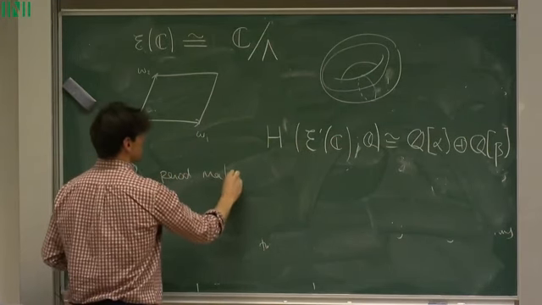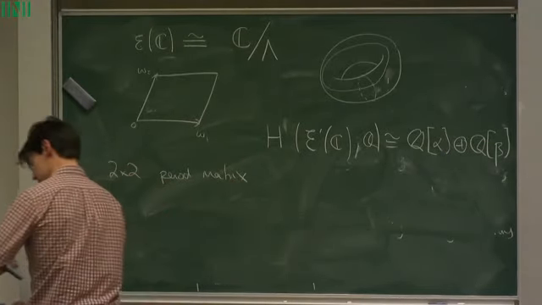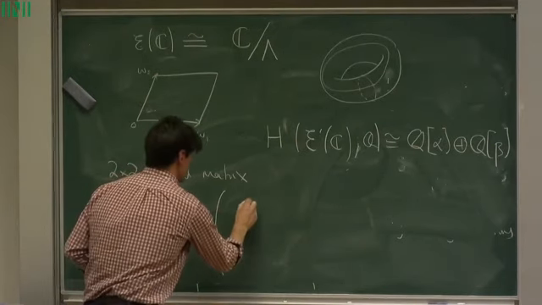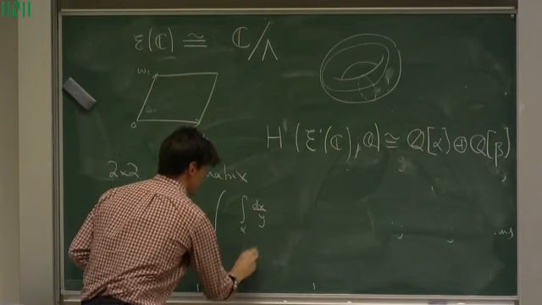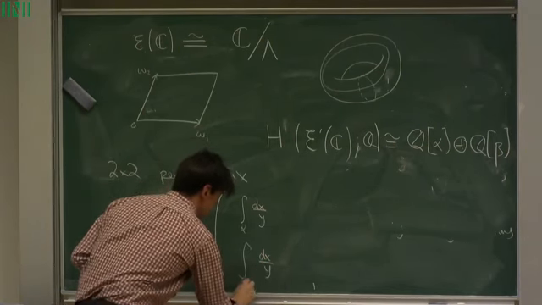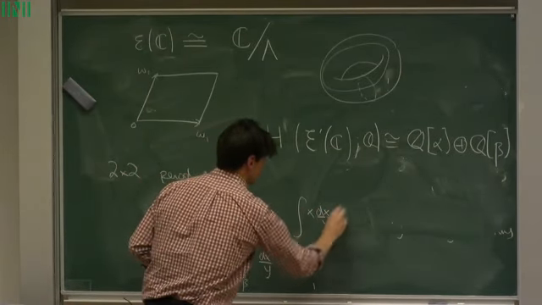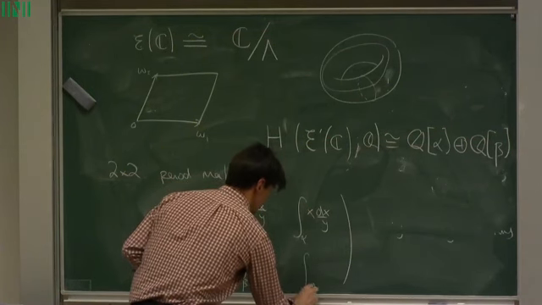Incredibly classical. And you integrate the holomorphic differential form over alpha and over beta, and the differential of the second kind over alpha and beta.